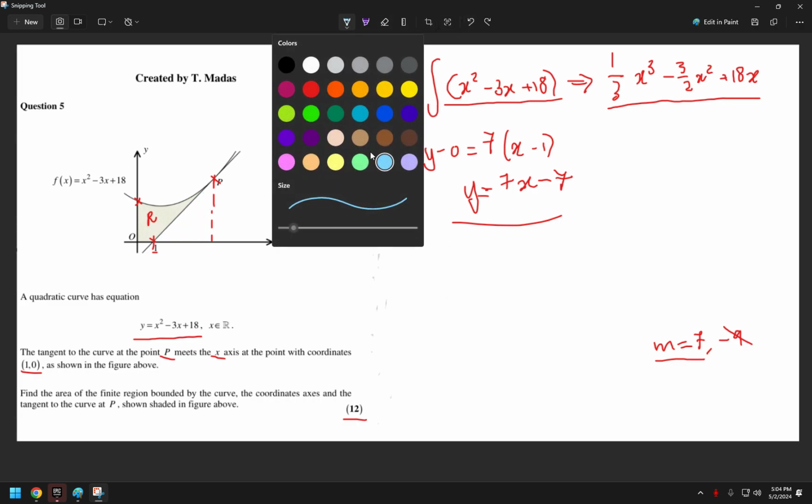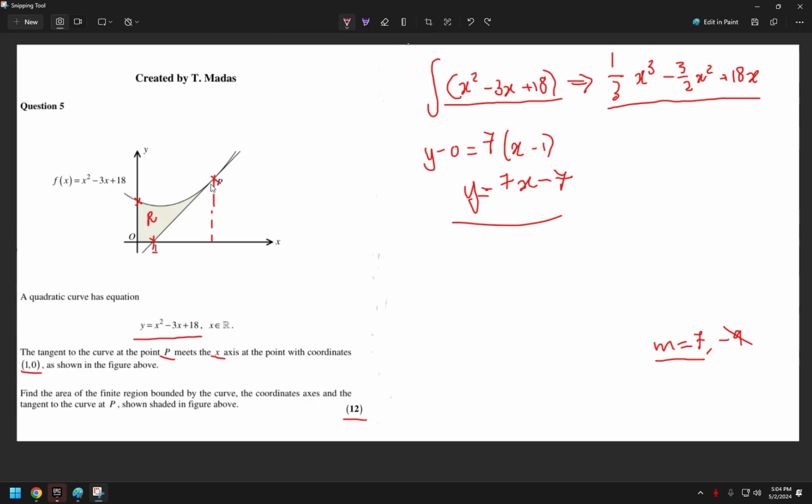So if I begin now, we can find out what p is by solving simultaneously the equation of the line and the curve. So 7x minus 7 equals x squared minus 3x plus 18.